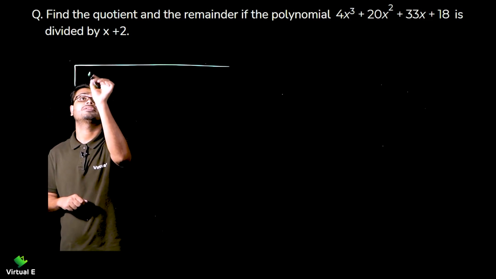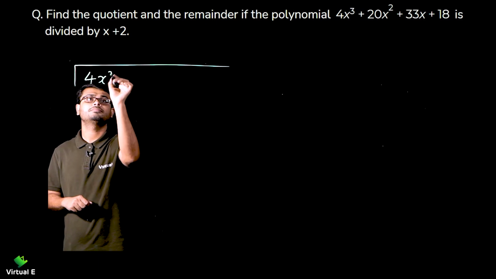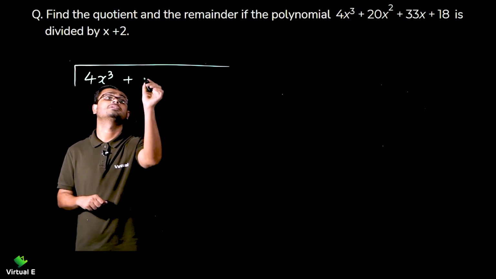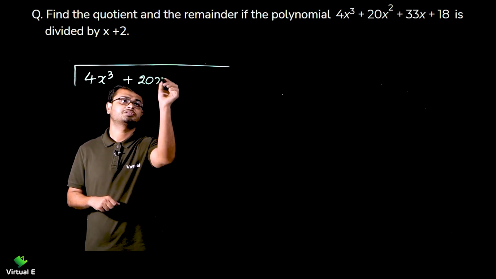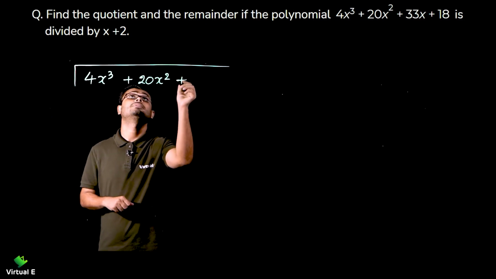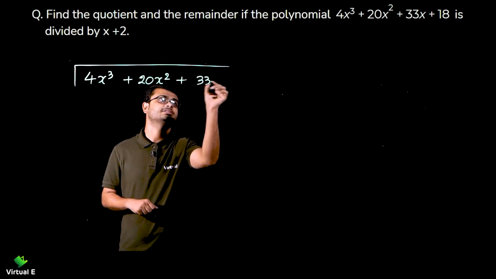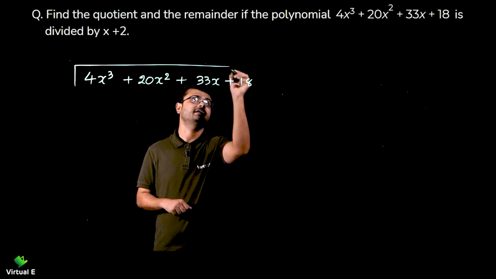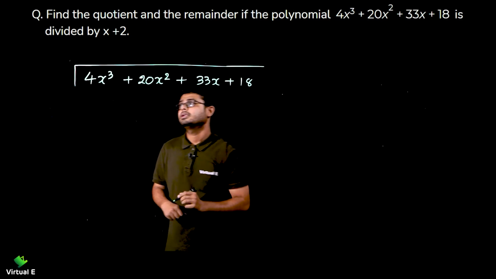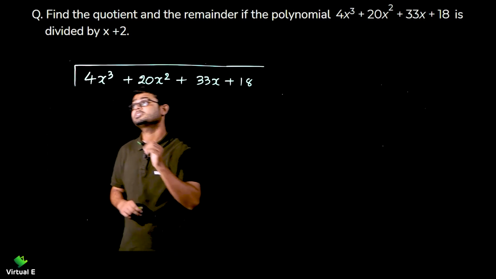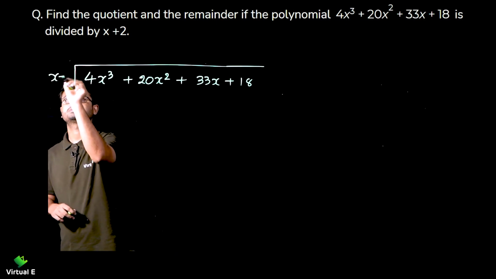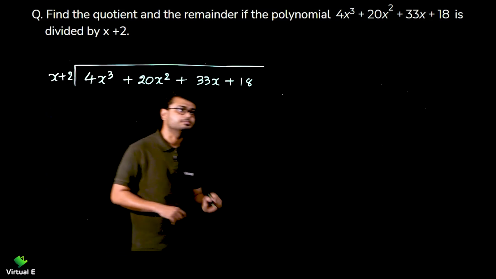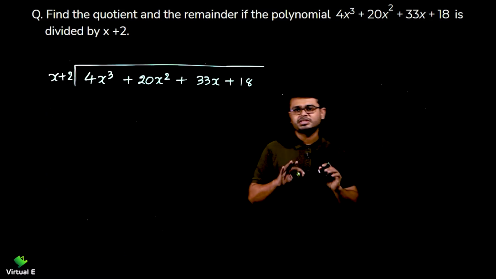So let's write here 4x cubed plus 20x squared plus 33x plus 18, right? And what's the divisor? X plus 2 it is. X plus 2. So what's the first step?